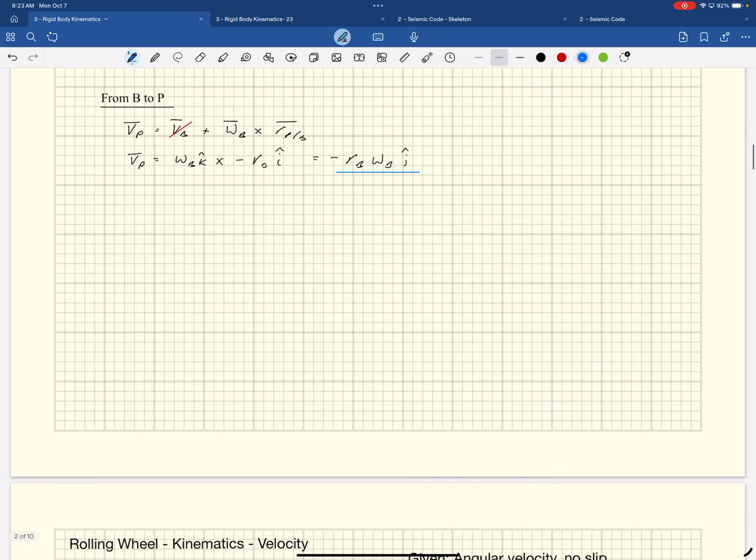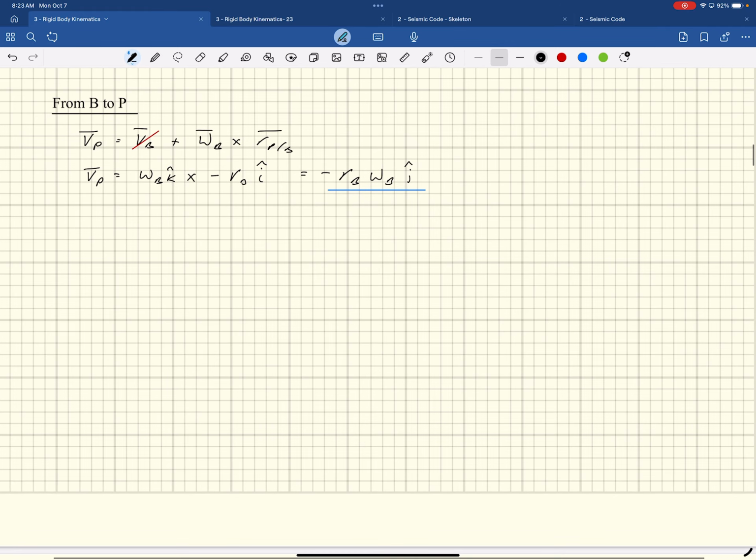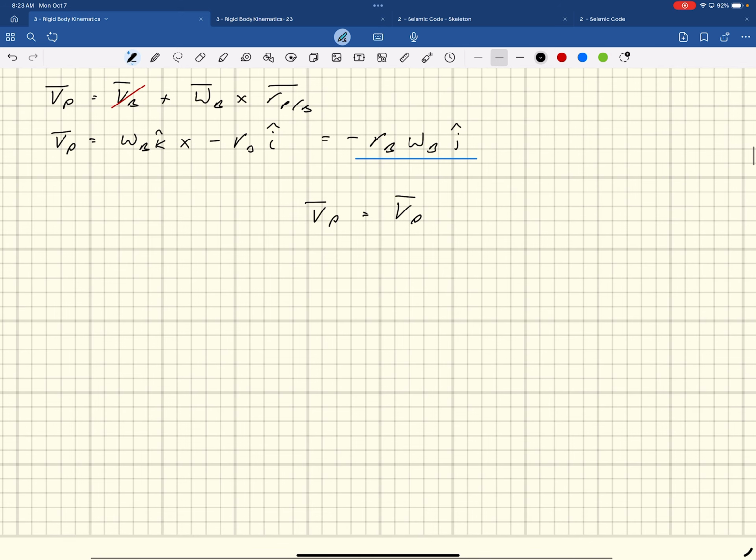Okay, so at this point we're ready to set them equal to each other. Vector VP is equal to vector VP: RA omega A in the J is equal to negative RB omega B in the J direction.